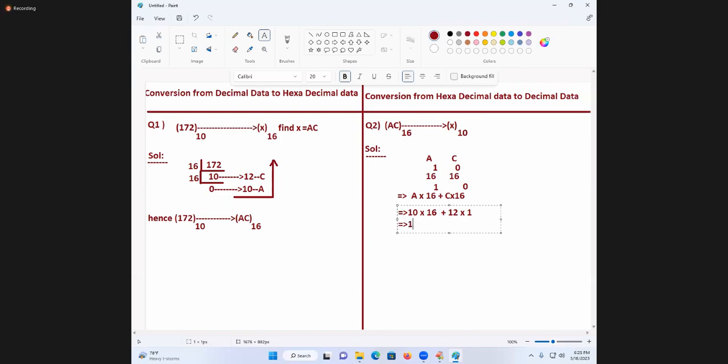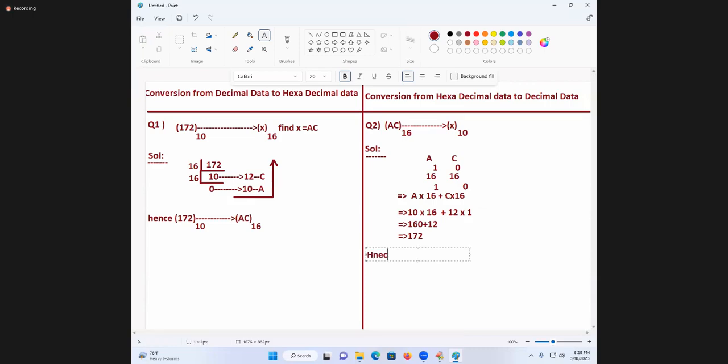So 160 plus 12, which is 172. 172 is the answer. I hope that you people followed.